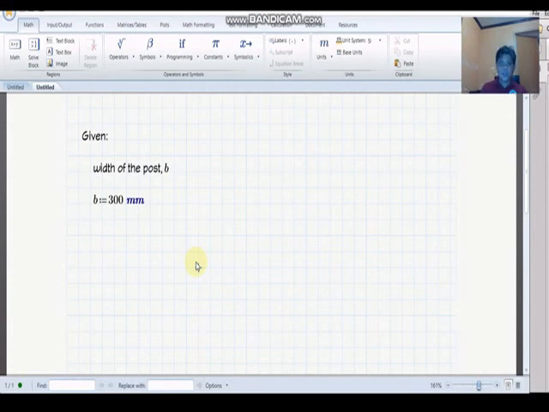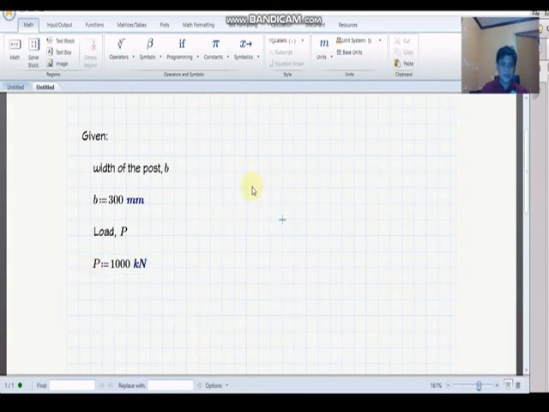What else? We're also given the load. Let's say that is represented by P. Our load is equivalent to 1000 kilonewton.